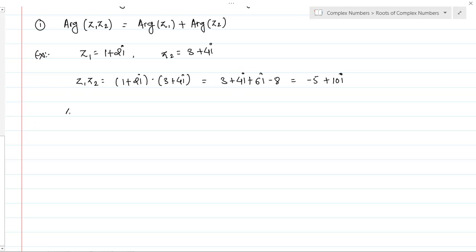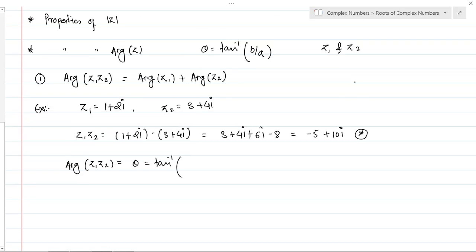Can you tell me what is the argument of z1 z2? It is theta, tan inverse of... No, we are finding the argument of this complex number.